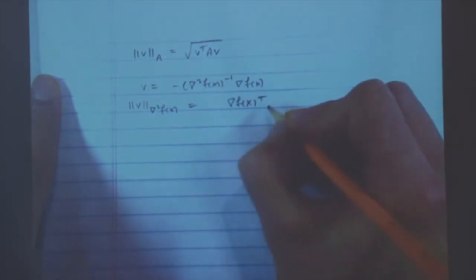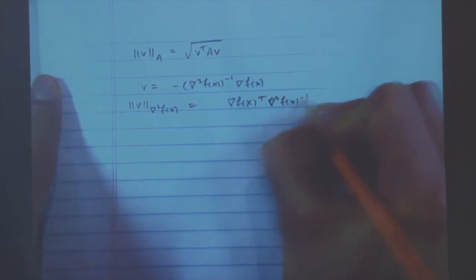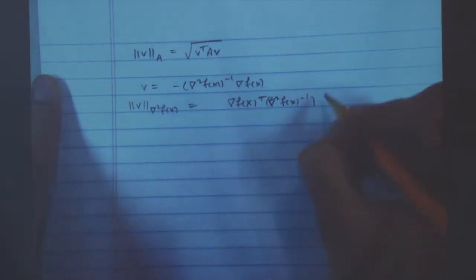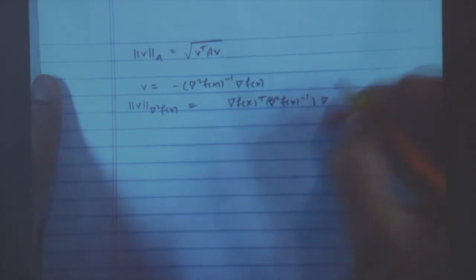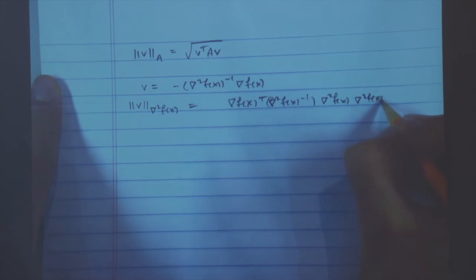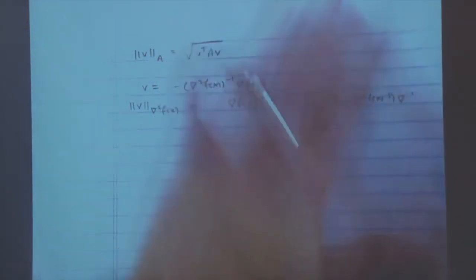So I'm just doing v transpose here, right, which is the inverse Hessian times A being this thing, which is just the Hessian, times v, which is, again, the inverse Hessian times the gradient.